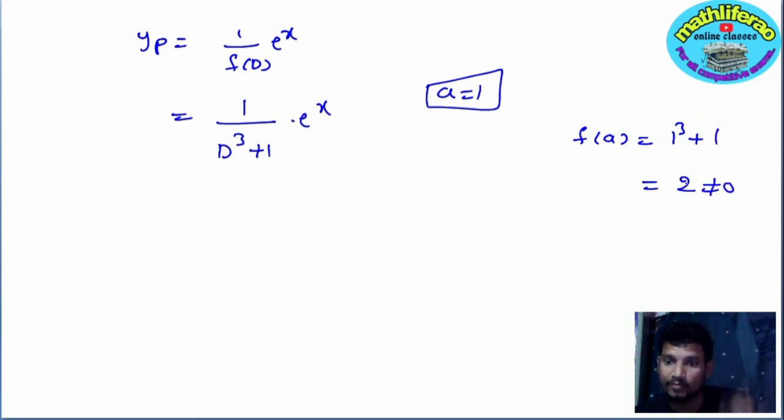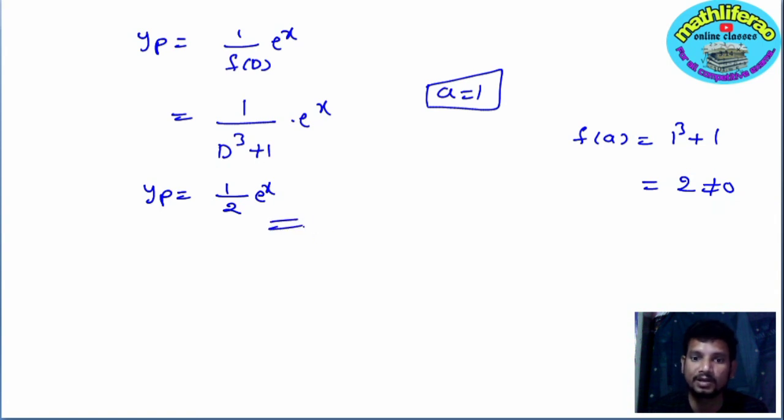Since 2 is not equal to 0, yp equal to 1 by 2 into e to the power x. Here f of a is not equal to 0. This is the particular integral.